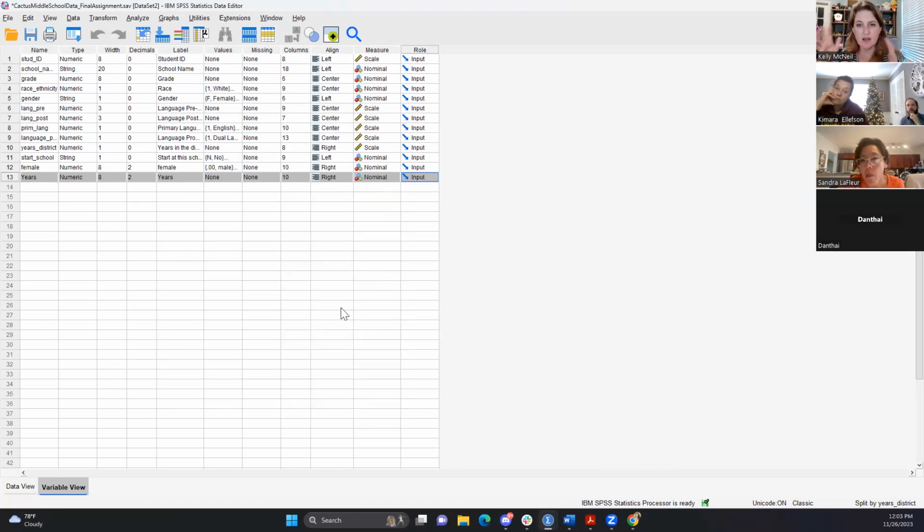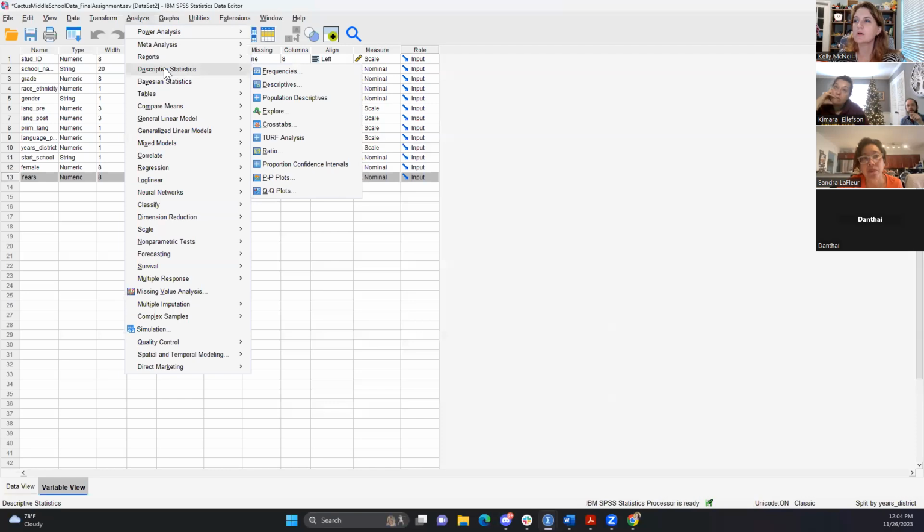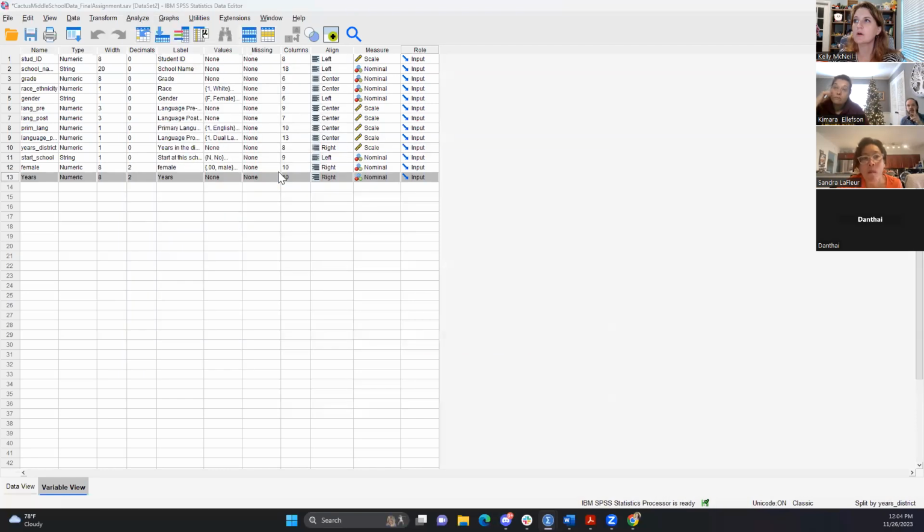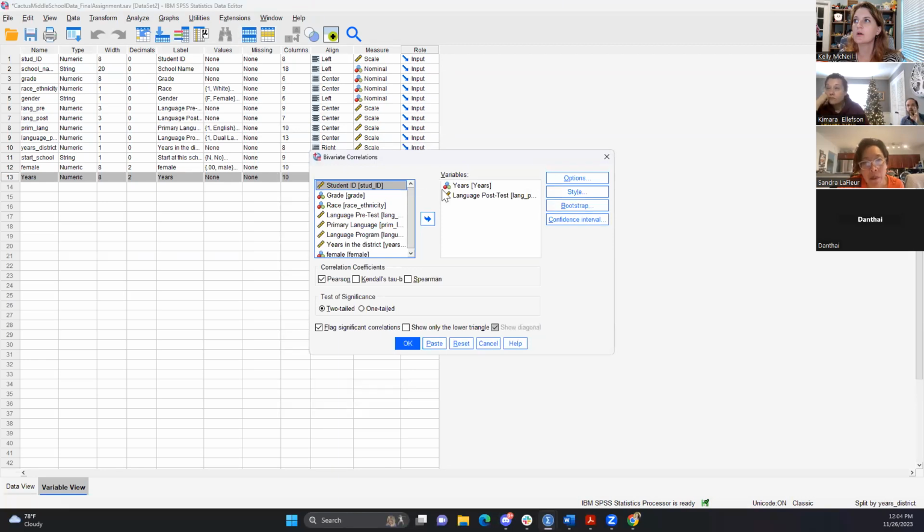This is just telling SPSS that anything we run now is going to organize the output by groups. Right, so now go back and do the bivariate, or the correlate, and then take the years in the district out. And then run it.